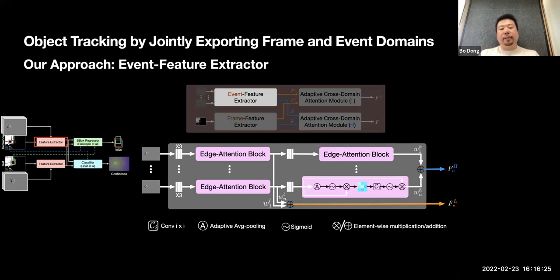Each of the accumulated frames goes through a dedicated branch. Since we need to generate low-level and high-level features, we use the output of the first edge attention block as the low-level feature, and after the second edge attention block we use it as the high-level feature.